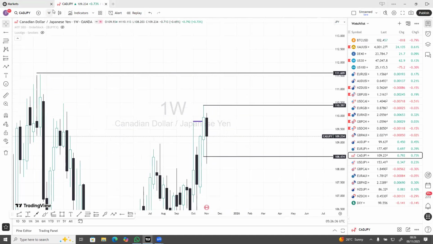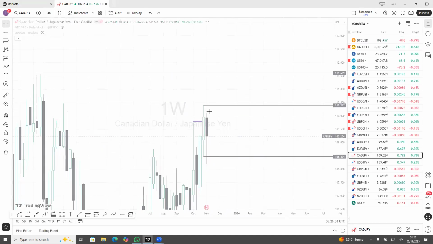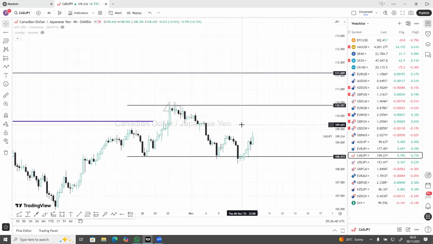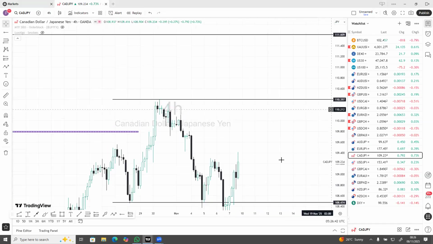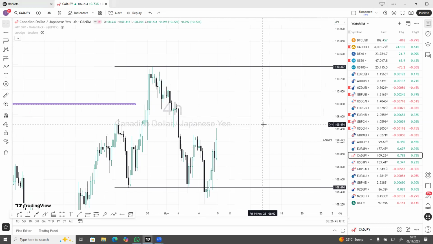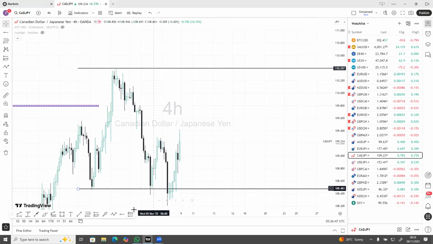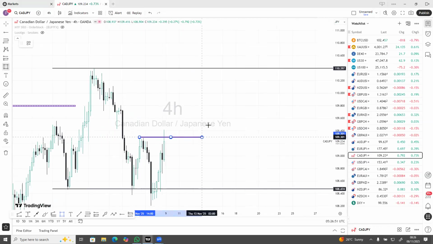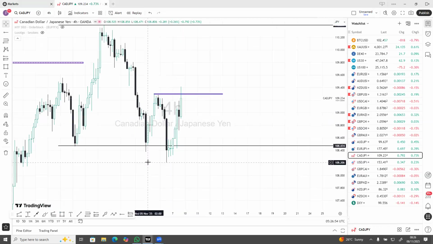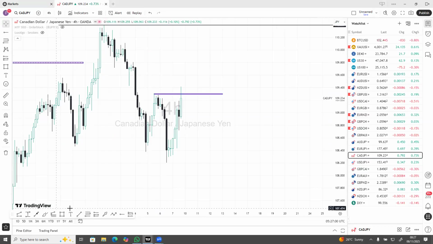See those levels. Okay, shift it to 4 hour. When you shift to the 4 hour time frame, you can see the market structure is like this. So wait for a market shift, because down here we already got a sweep.